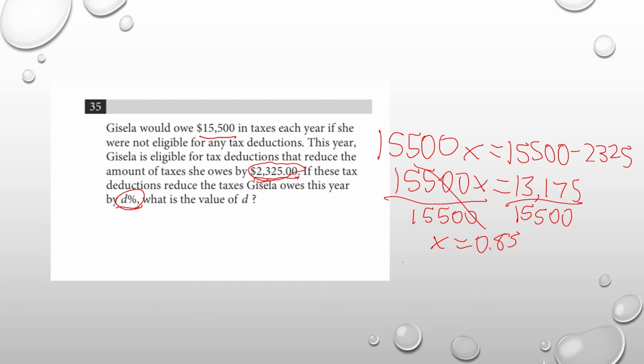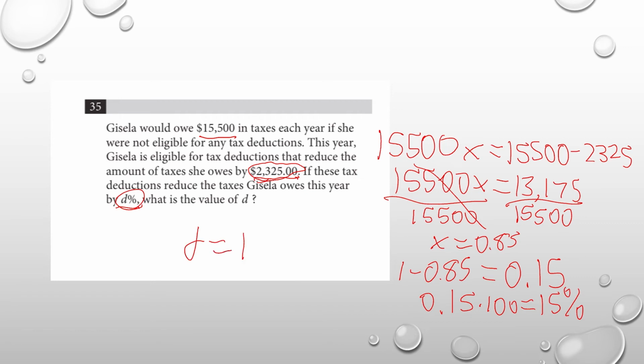Since they're 85% of what they once were, let's say that 1 is how much it was initially, 15,500, subtracted by the 0.85, that means her taxes went down by 0.15, or converting into percent form, which is really important, we get our answer, which is 15%. So the value of D would be 15.